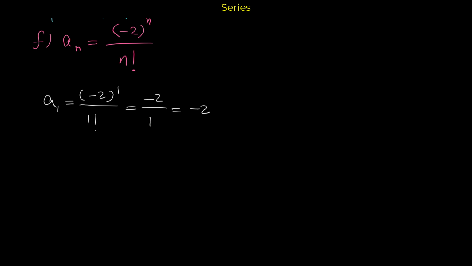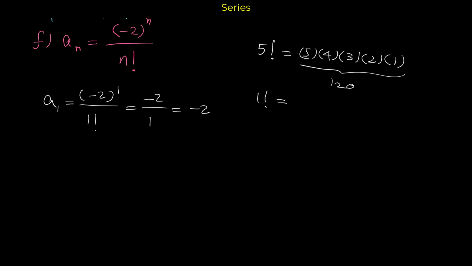In general, when we want to find a number's factorial, for example 5 factorial, its value is 5 times 4 times 3 times 2 times 1, which is 120. And we know that 1 factorial is 1, and 3 factorial is 3 times 2 times 1, which is 6. So we can calculate the factorials this way.